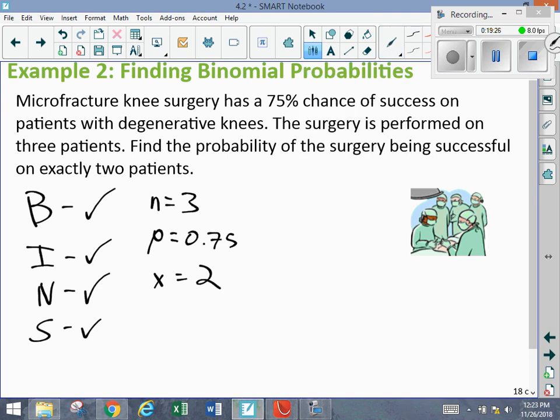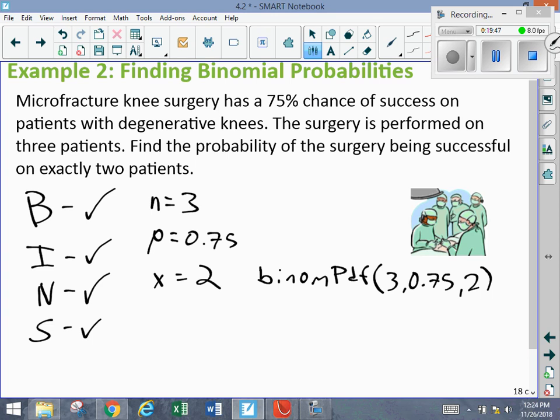All right, so how do you write your answer? You are free to write your answer like this. We're going to put what we put in our calculator. So it was 3, 0.75, 2.